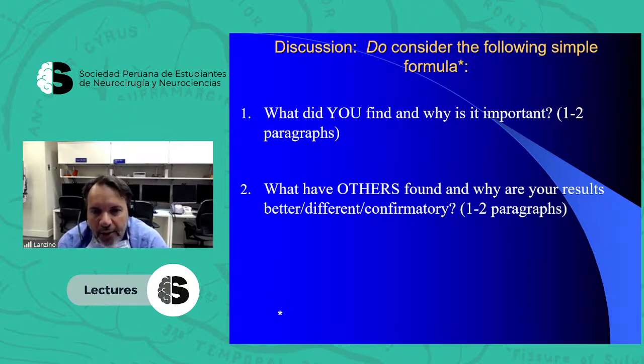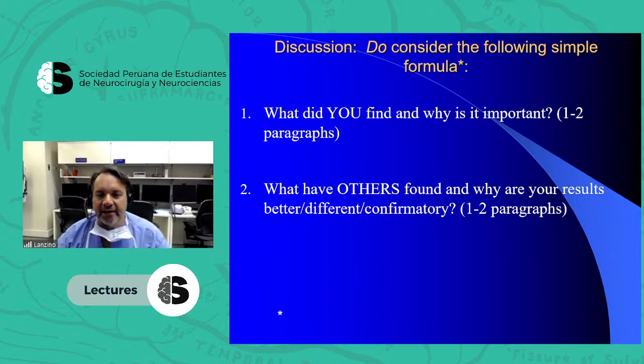Going back to our hypothetical study of 400 patients with ruptured arteriovenous malformations, you can say that Smith and co-workers, in a smaller series of 250 patients seen between 1990 and 2010, found that the percentage of patients with ruptured AVM localized in the frontal lobe was 15%.